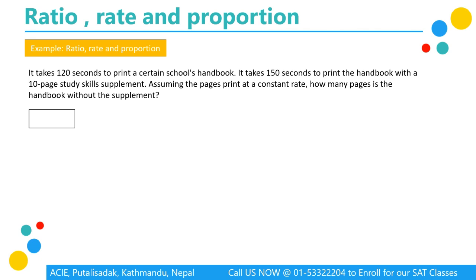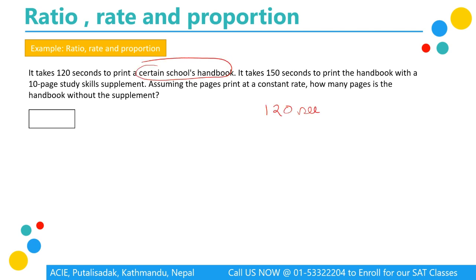It takes 120 seconds to print a certain school's handbook. It takes 150 seconds to print the handbook with a 10 page study skills supplement. Assuming the pages print at a constant rate, how many pages is the handbook without the supplement? Now reading the question itself, to make the handbook of a certain school it takes 120 seconds.